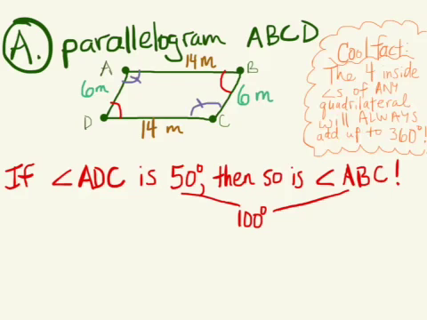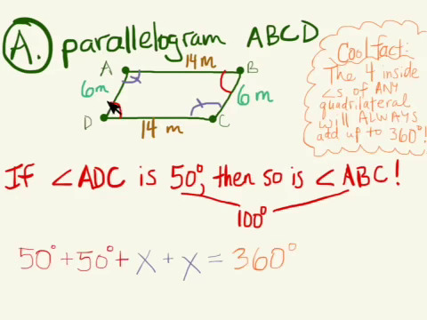So, if our 2 red angles add up to 100 degrees, and we know that all 4 together will add up to 360 degrees, we kind of have an algebra problem here. 50 degrees plus 50 degrees plus x plus another x, same variable because it's the same angle measurement, equals the grand total of 360 degrees.